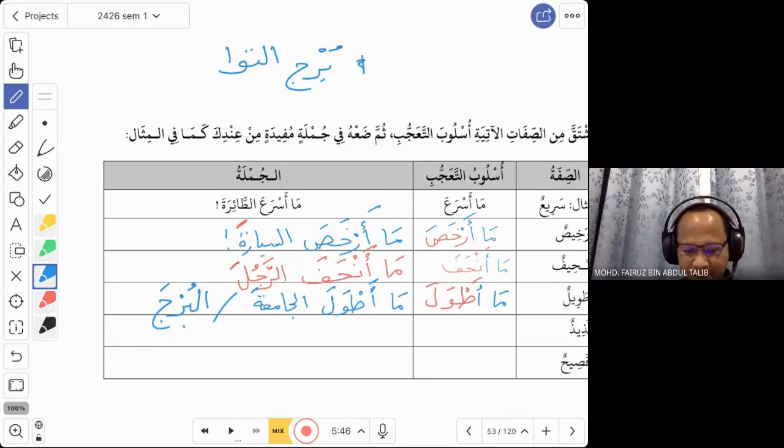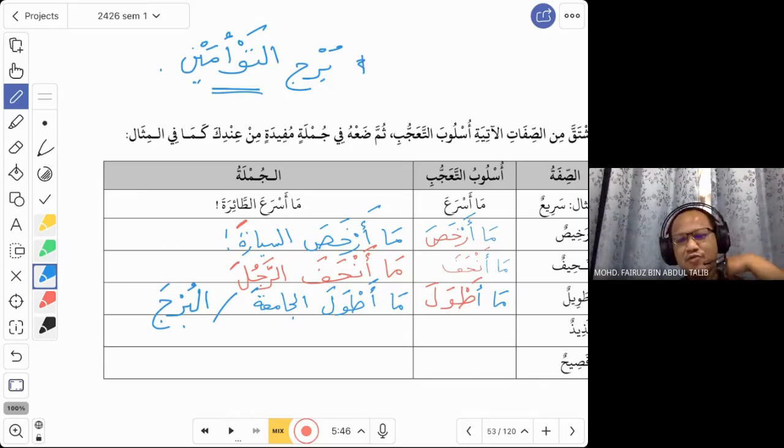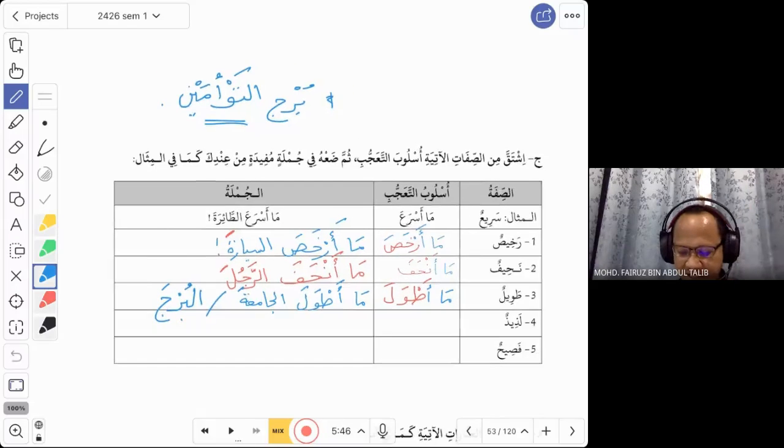Tau'am is twin, so twins is Tau'amaini. Burju At-Tau'amaini fi Petronas or fi Kuala Lumpur. So that is the word Al-Burj. Okay. Next word, number 4, laziz.